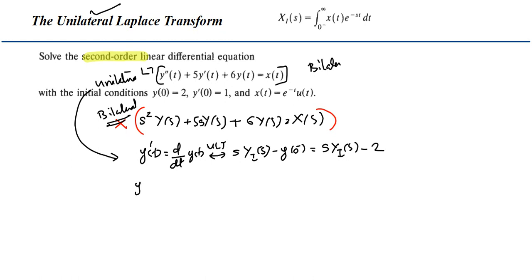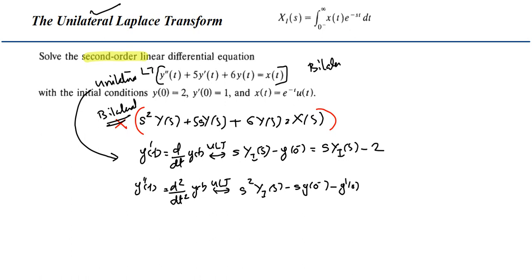Now we will write y double dash of t, which is actually d square by dt square of y of t. If you write the unilateral Laplace transform, it becomes s square into the one-sided transform y of s, minus s into y of 0 minus y dash of 0.